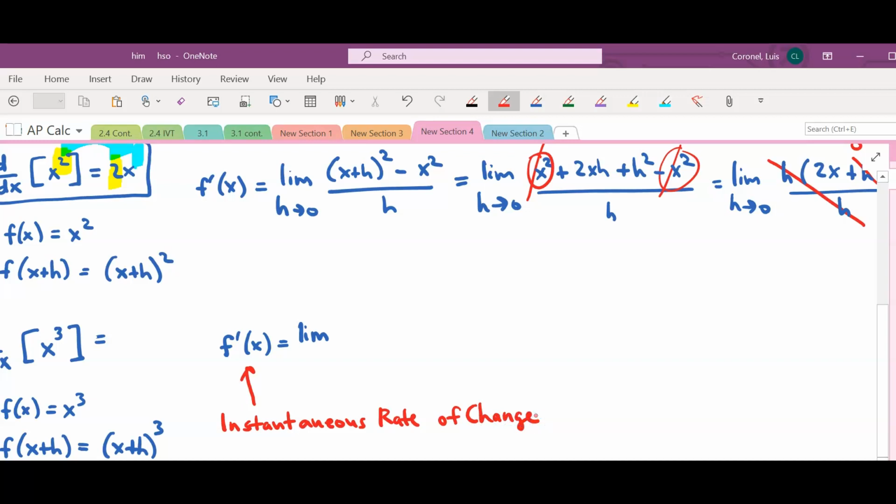We could find the rate of change given 2 points, right? That's the slope of the secant line. But the instantaneous rate of change is the slope of the tangent line.